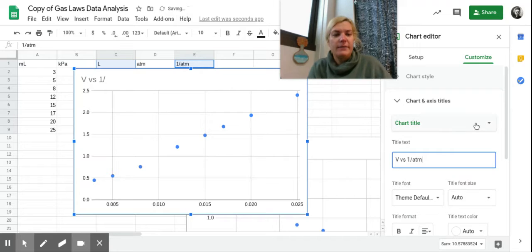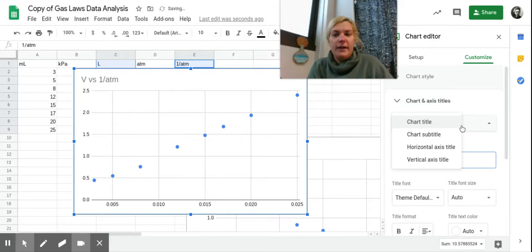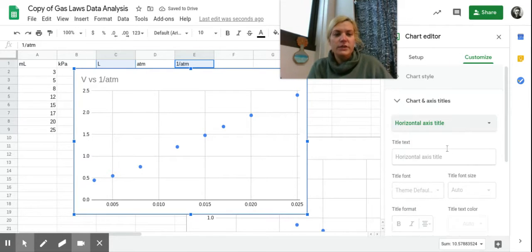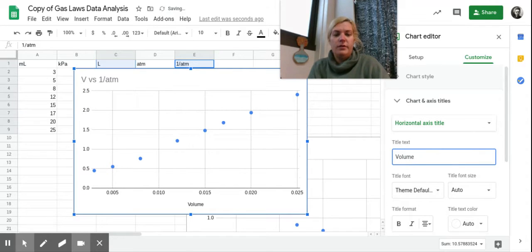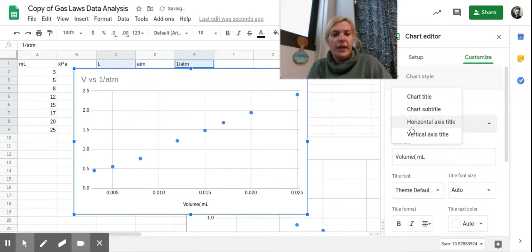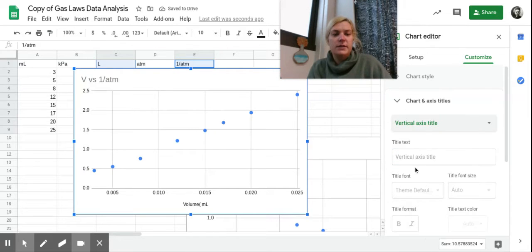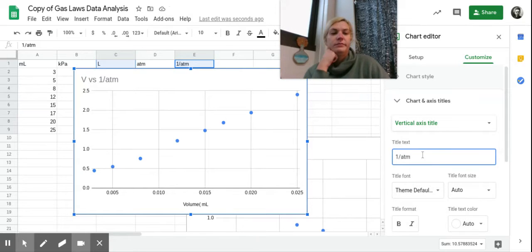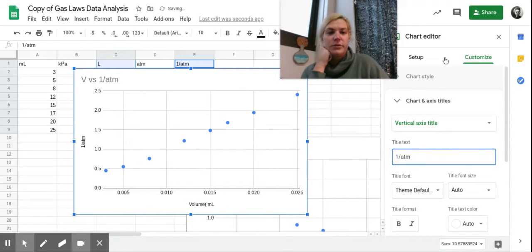And then my horizontal axis is the volume in milliliters. And my vertical axis is 1 over atmospheres. Okay? So we're good there.